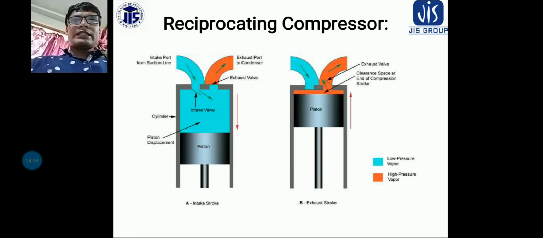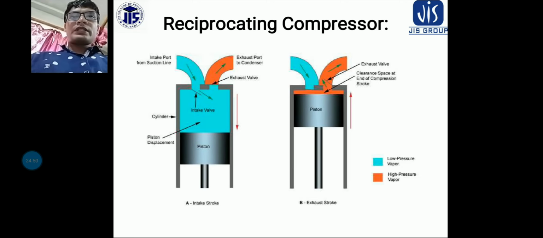So in the single acting vertical compressor, the compressor usually has the cylinders arranged vertically, radially, or in a V or W form. Okay, so this is the single acting vertical compressor.